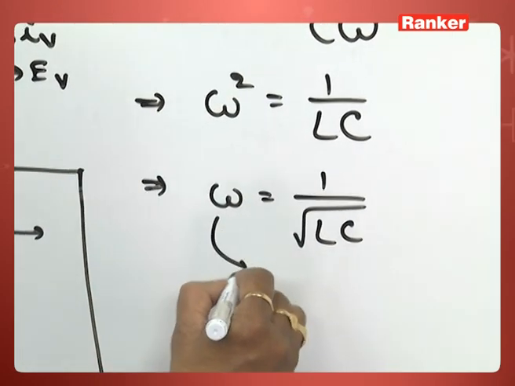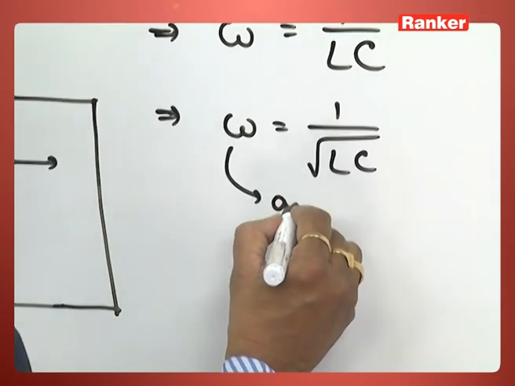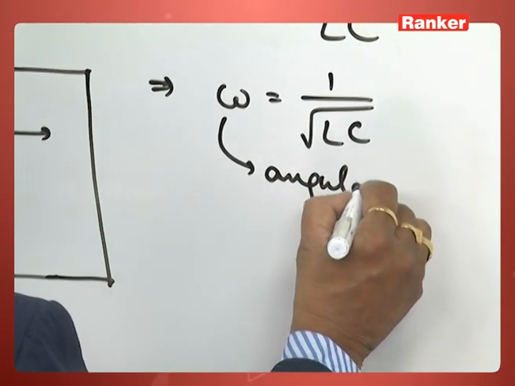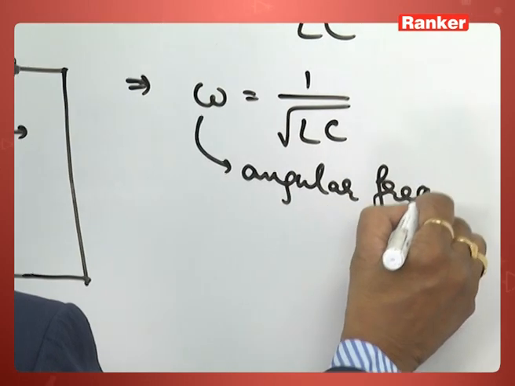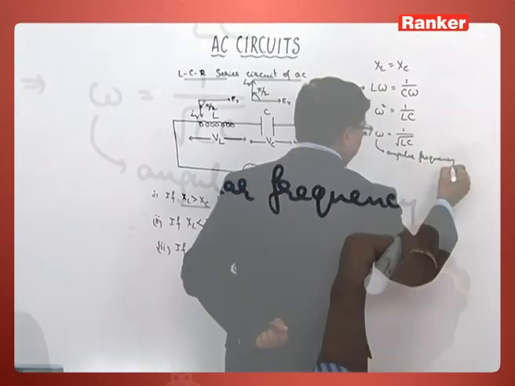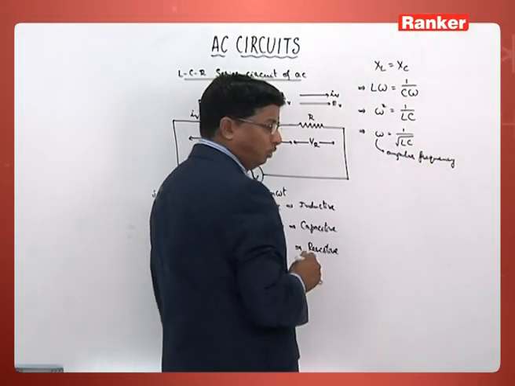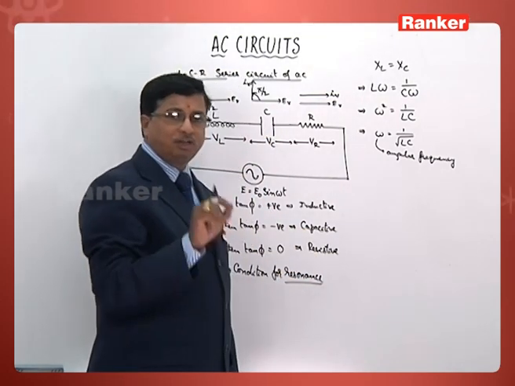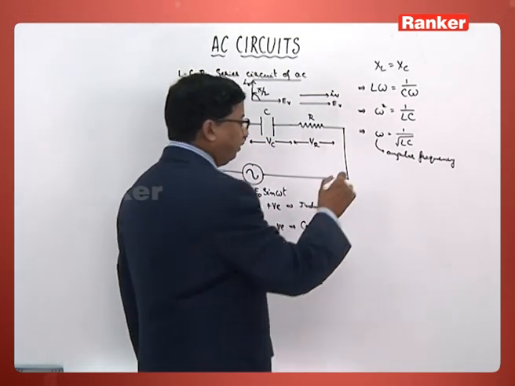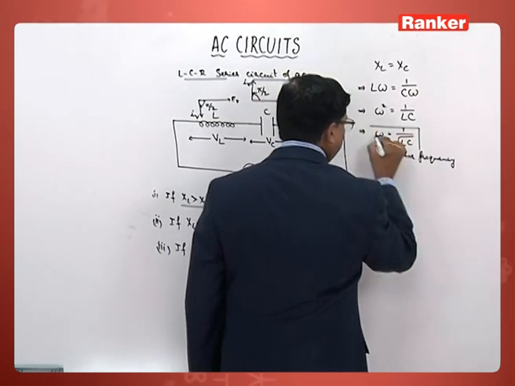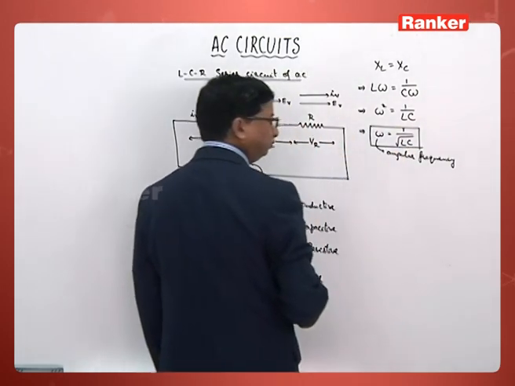This omega refers to angular frequency. This is the angular frequency in the case of an LCR circuit when the circuit is in resonance. So this is one equation we should remember.